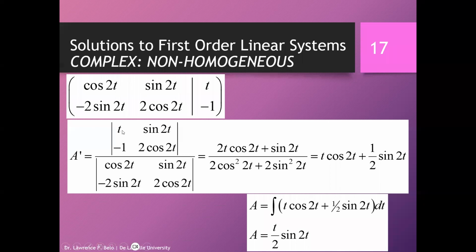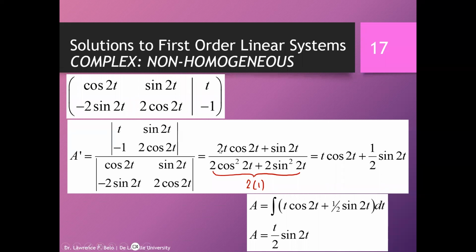So here. So 2t cosine 2t plus sine 2t all over 2 cosine squared 2t plus 2 sine squared 2t. You'll notice that when you factor out the 2, cosine squared plus sine squared is actually equal to 1. That's why in here, that's basically 2 times 1, right?